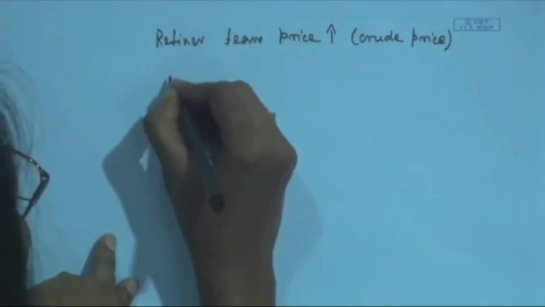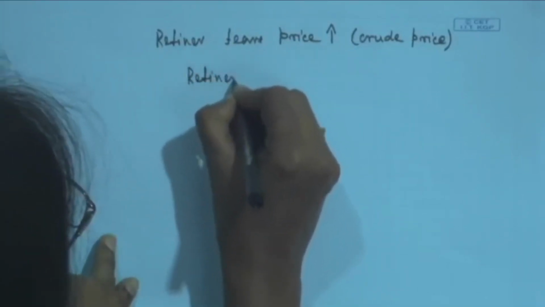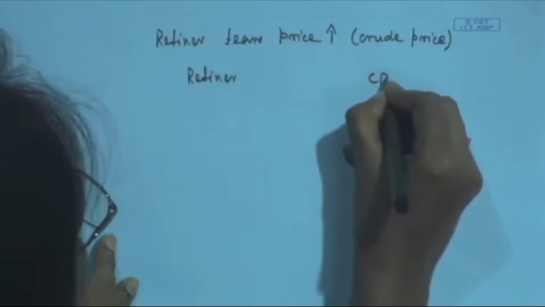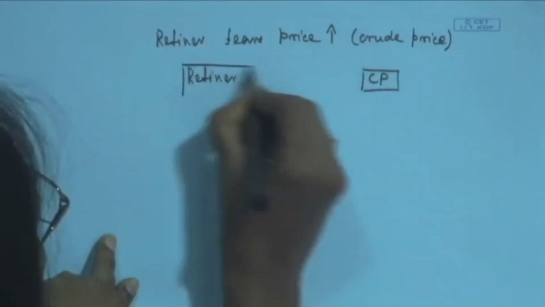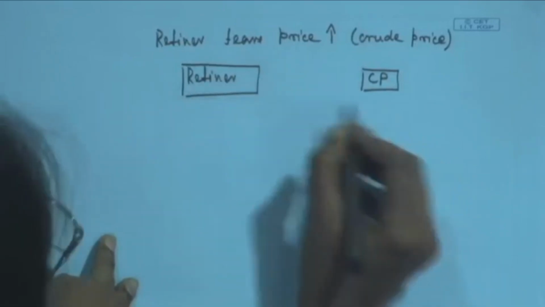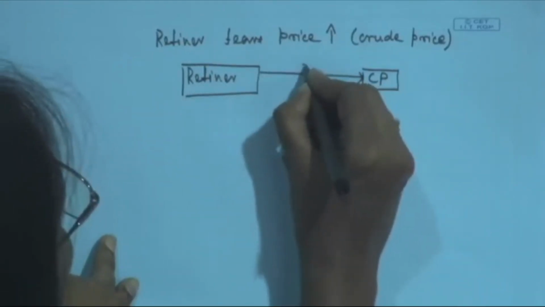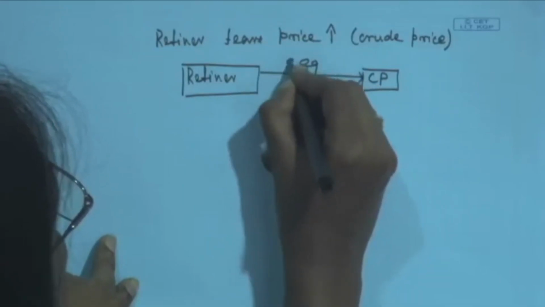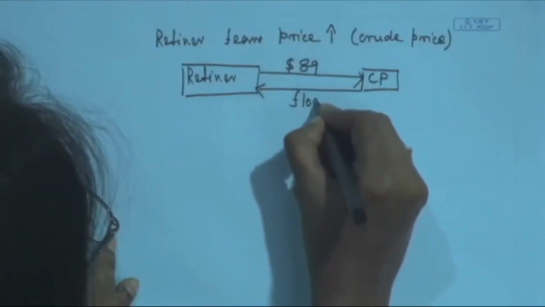So the refiner will enter into a contract with a counterparty. The refiner will pay a fixed $89 and the refiner will receive the floating rate.